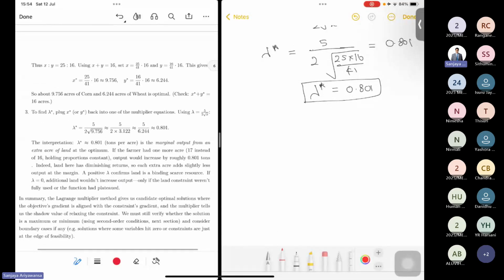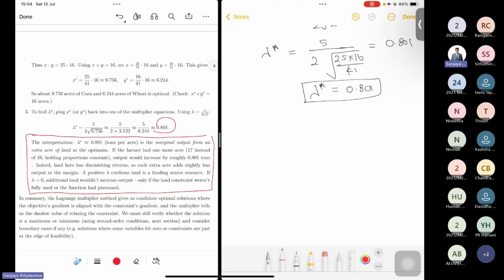And then you have to write down the interpretation of lambda. So what do you mean by this 0.801 that you get for lambda? That's what I've written here. So 0.801 is basically the marginal output from an extra acre of land at the optimum. So if the farmer had one more acre, output would increase by roughly 0.801 tons.